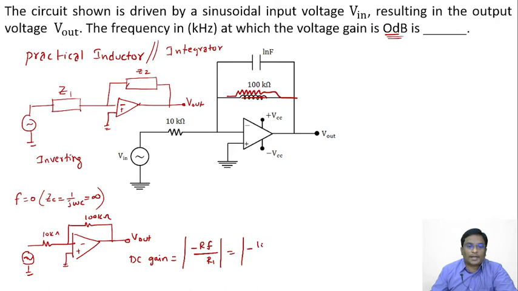The magnitude is 100k by 10k, which is the DC gain, 10, for the given circuit.